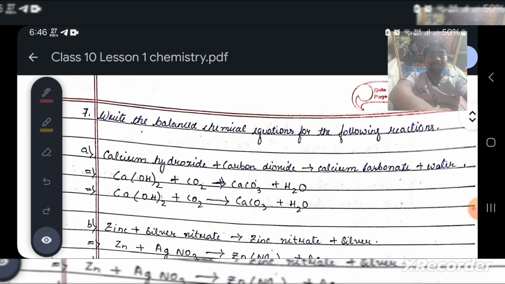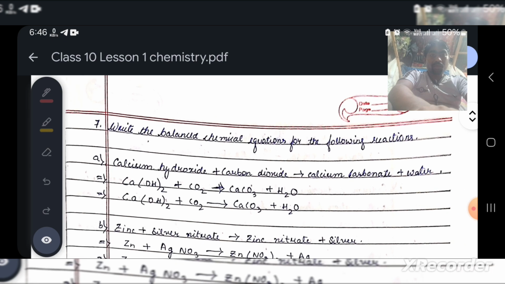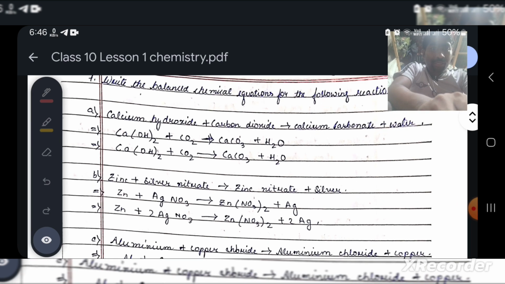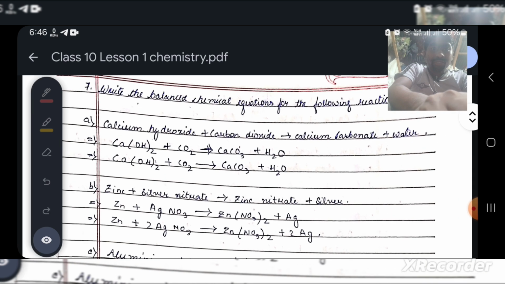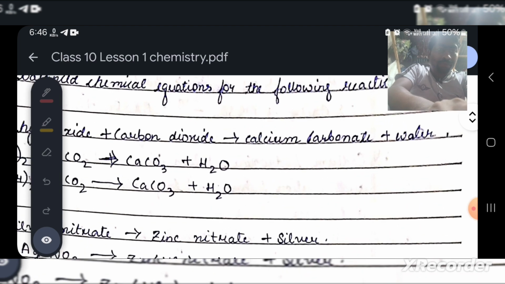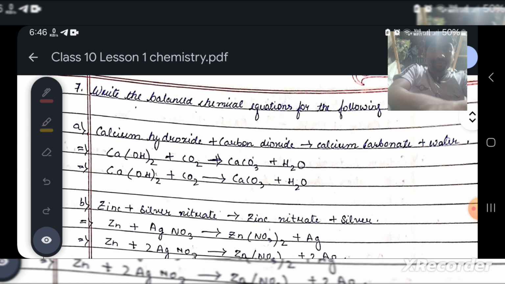Now question number 7. Write the balanced chemical equations of the following reactions. Look, the reaction is named in the question. Calcium hydroxide plus carbon dioxide will give calcium carbonate plus water. We put this in equation form: Ca(OH)2, calcium hydroxide, plus CO2 will give calcium carbonate CaCO3 plus water H2O.